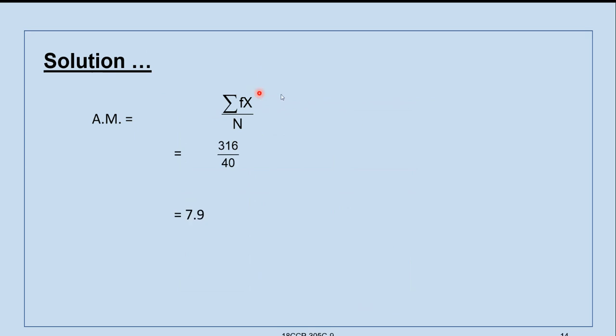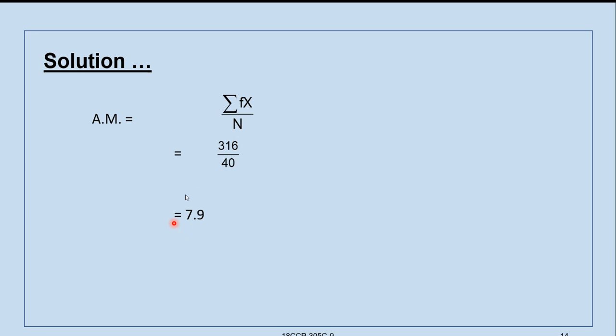Now we will see the solution also. As I said, the arithmetic mean is sigma fx by n. n is 40, we have just calculated, and sigma fx is 316.